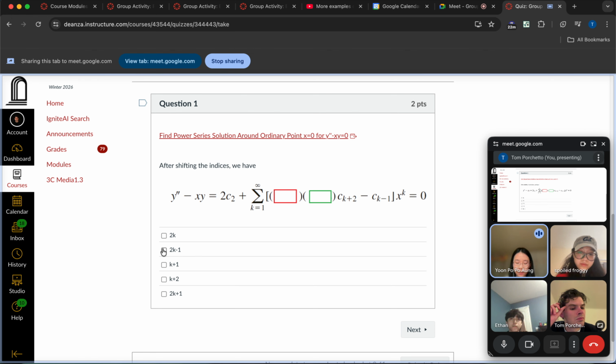I can change that into the power series format and combine those. When I combine those, I get 2 times c2 times x to the power 0 plus the summation of n equal to 3 of n times n minus 1 times cn times x to the power n minus 2.